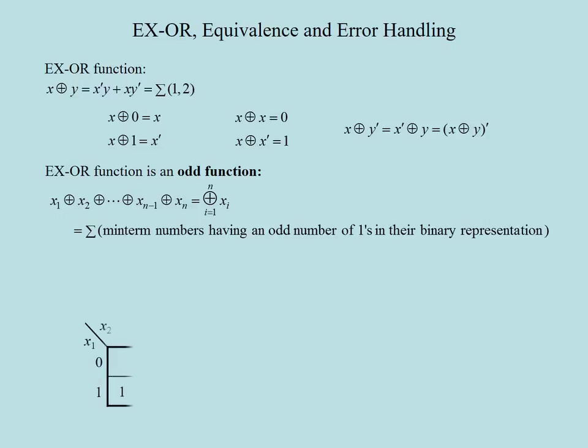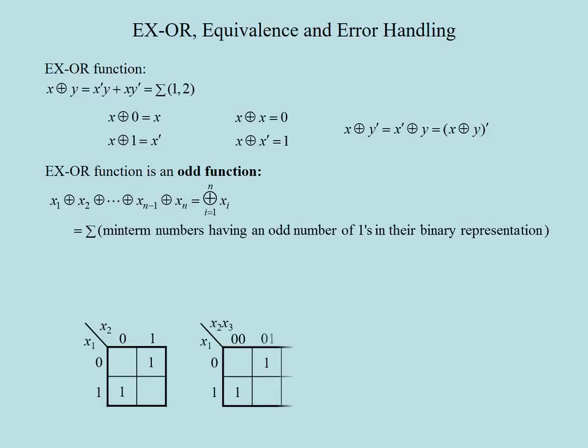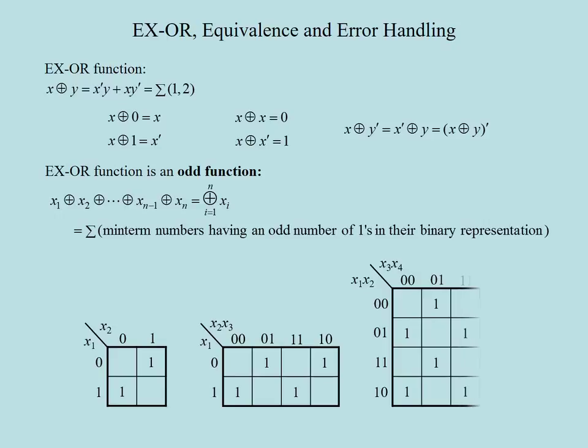Here we have the maps for 2-variable XOR, 3-variable XOR, and 4-variable XOR functions. Remember that adjacent cells in a Carnot map differ only in one literal.